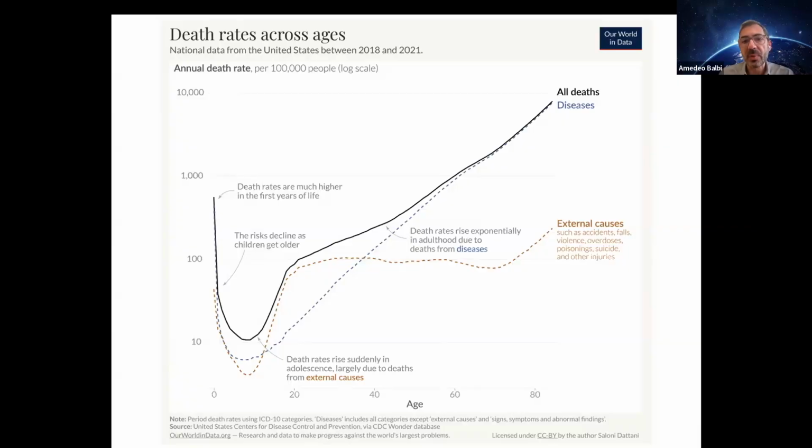And also there is a difference between the death rates that depend on the aging of the organism and external causes. So external causes are roughly constant, the rate that causes external deaths is roughly constant, while the death rate that depends on aging increases.